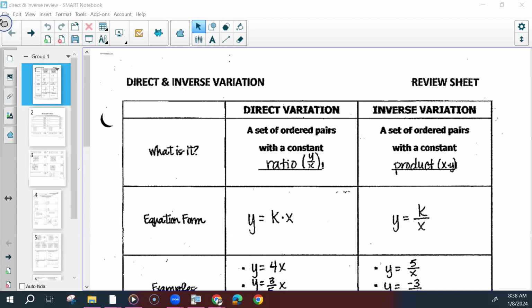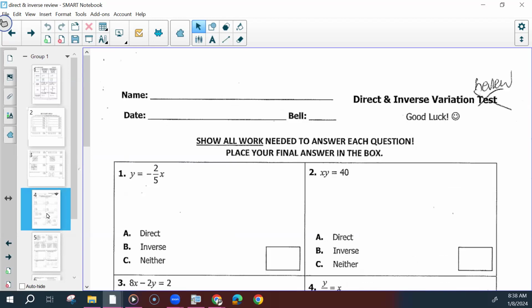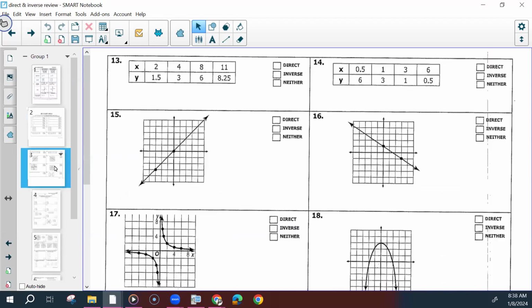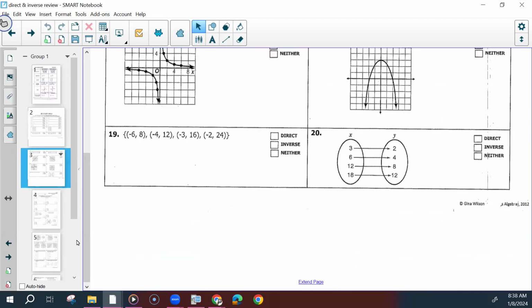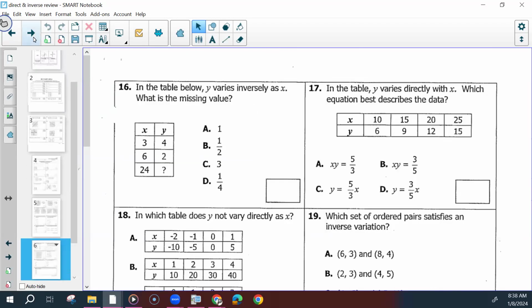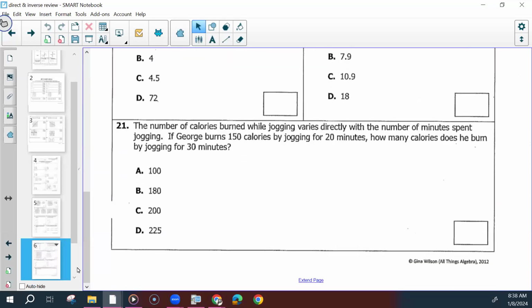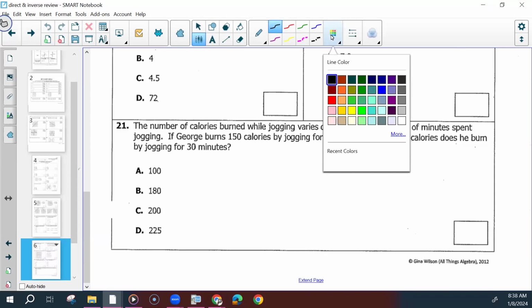Number one on this page, or the 21. On this page, it's the very bottom one. The very bottom one. You may have done this one already, but you can do it.